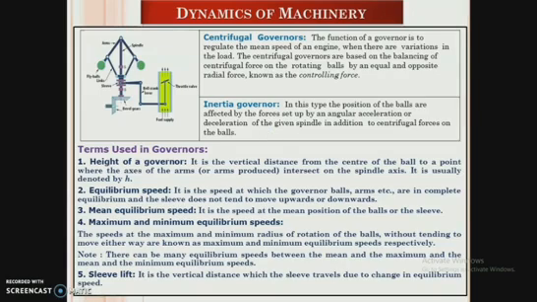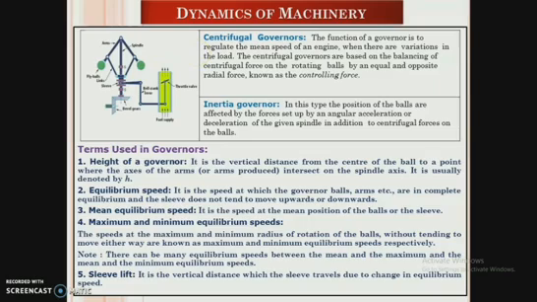Then we'll see the function of the governor. The function of the governor is to regulate the mean speed of an engine when there are variations in the load. For example, when the load on the engine increases, its speed decreases. Therefore, it becomes necessary to increase the supply of working fluid.